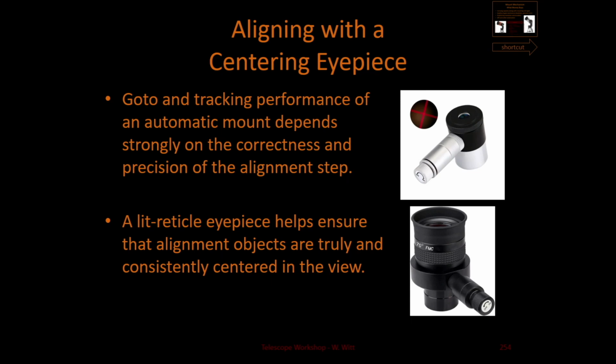I don't know. That's where this helps. These eyepieces have a little crosshair inside that you can light up so you can see it in the dark, and that allows you to center more accurately. It's not required, but it comes in handy. It's an optional accessory that can help you improve your alignment accuracy, which will then give you better go-to and tracking accuracy. Does that make sense? Yeah, okay.